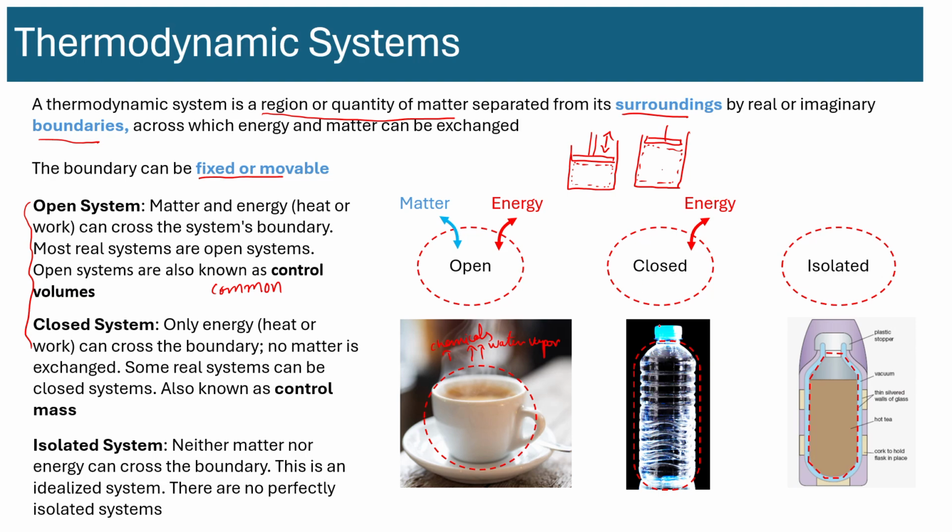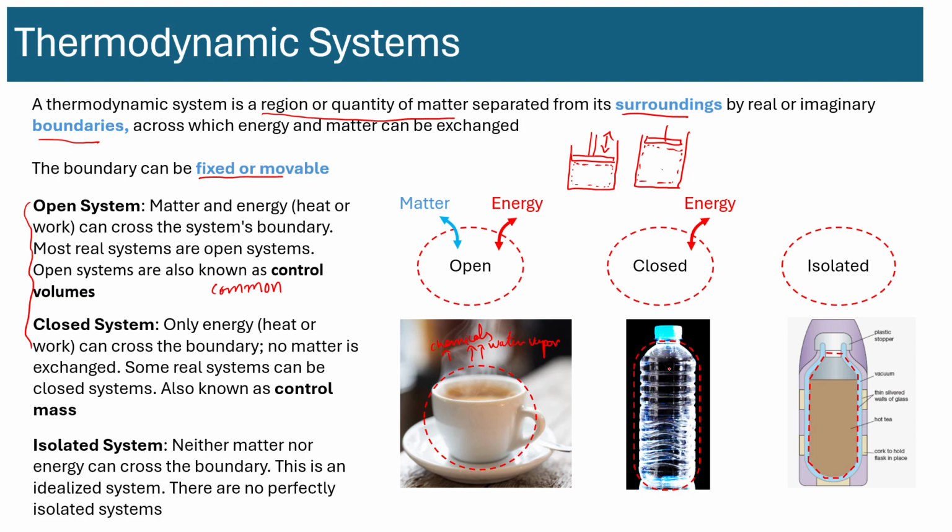Now, if you have a bottle of water and it's sealed really tight, and if you draw a system boundary like this, then the thermodynamic system inside can be considered closed to the transfer of mass. But there is exchange of energy possible.